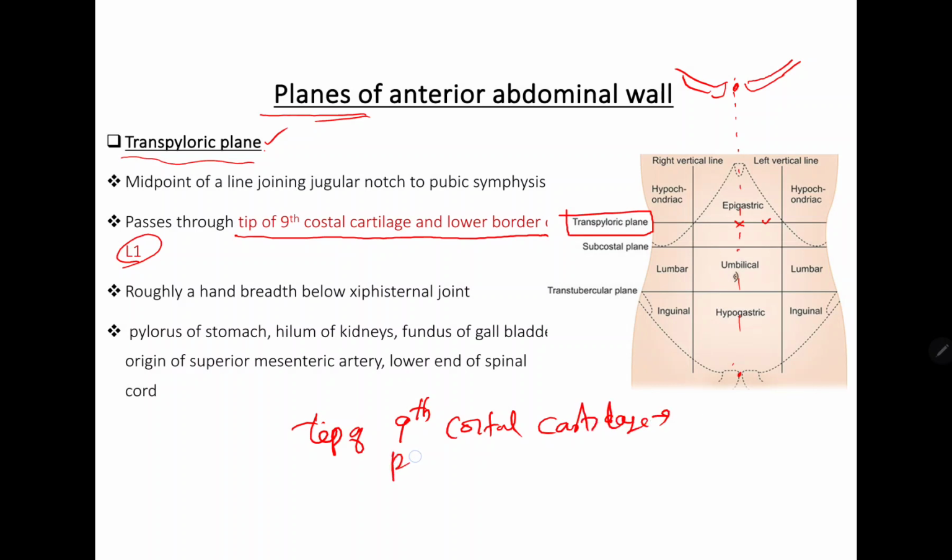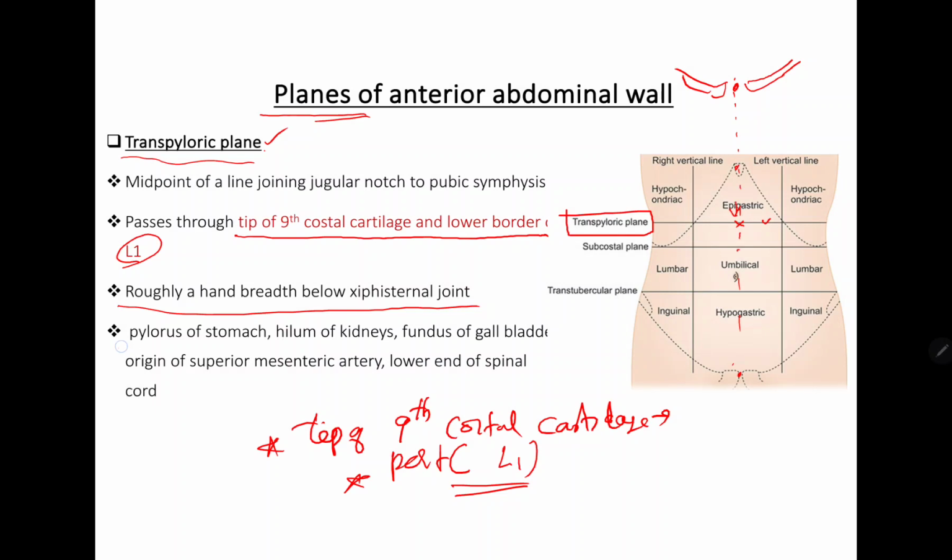Remember these two points. Roughly, you can say it is a hand breadth below the symphysis, here we have the manubriosternal joint. And what is the importance of this transpyloric plane?